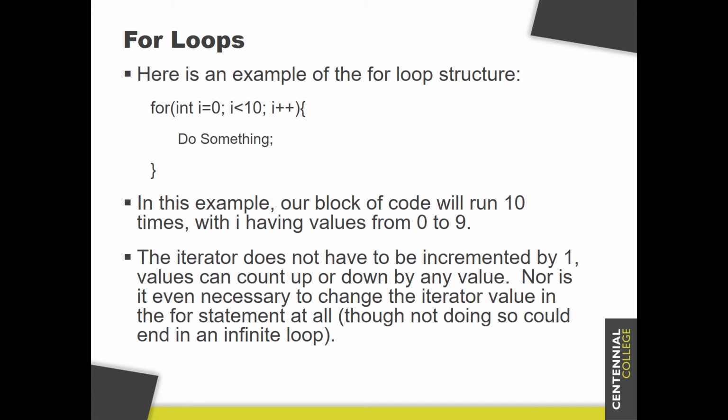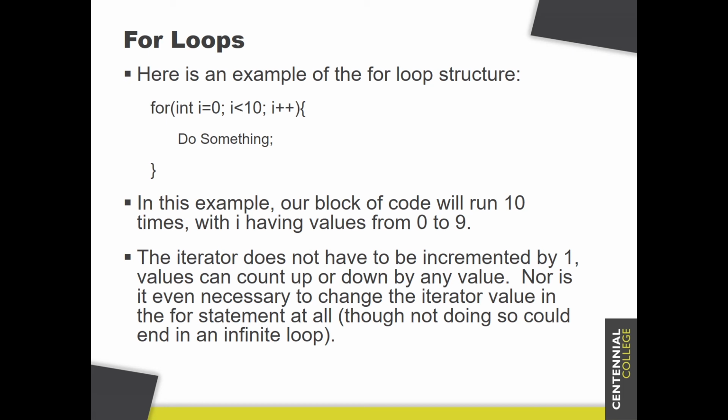We've declared an integer and initialized it to a value of 0. Afterwards, we have our conditional statement that i is less than 10. With each loop, it's going to come back here and recheck this condition, and with each loop, it's going to increment the value of i. We spoke about this in an earlier video: i plus plus means i equals i plus 1.